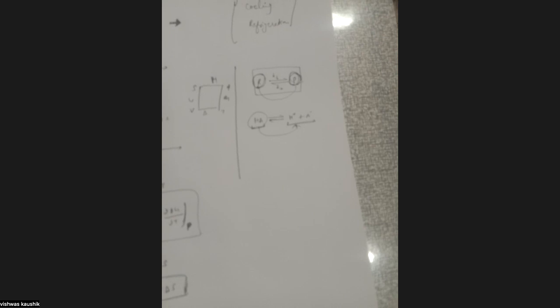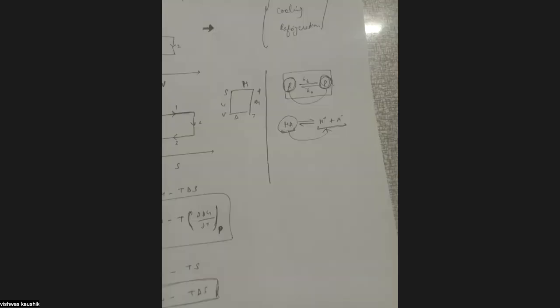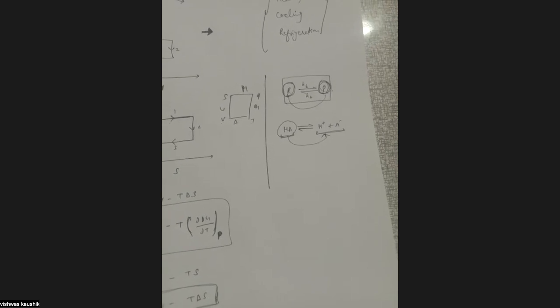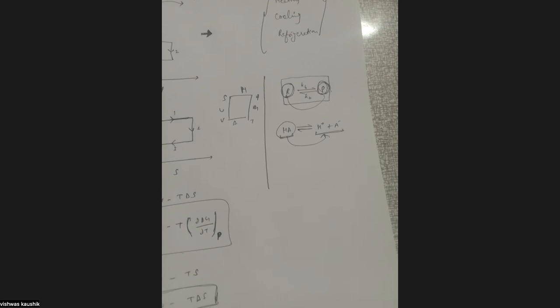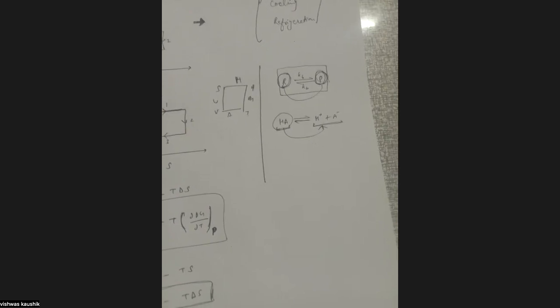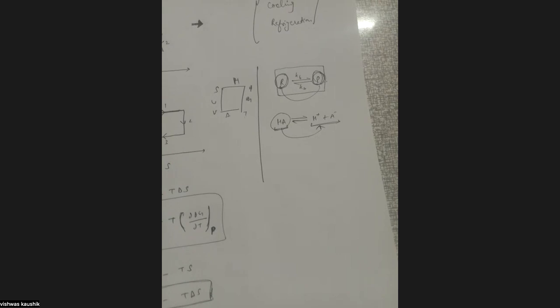How many stages are present in the equilibrium condition in chemical equilibrium? Any example? Yes, like water.